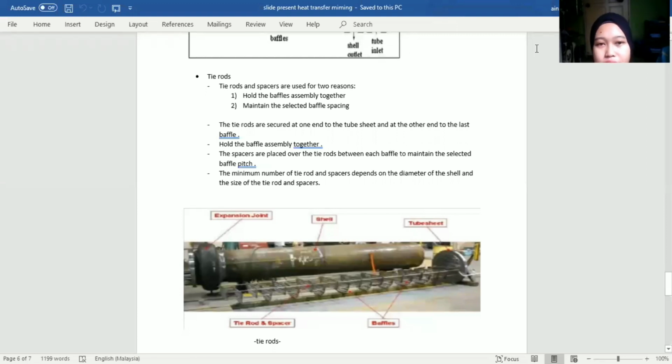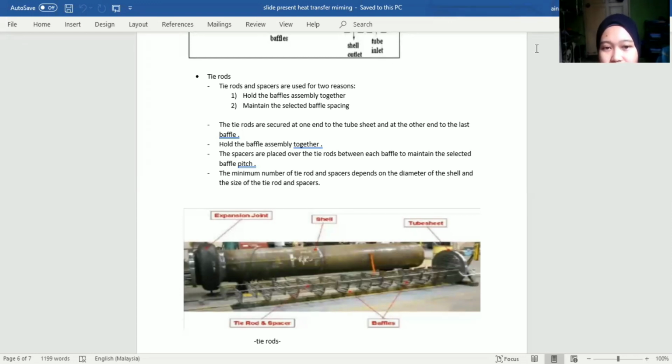Okay, the last is tie rods. Tie rods and spacers are used for two reasons. First, to hold the baffle assembly together. Second, to maintain the selected baffle pitch. Okay, the tie rods are screwed in at one end to the tube sheet and attached at the other end to the last baffle, holding the baffle assembly together.